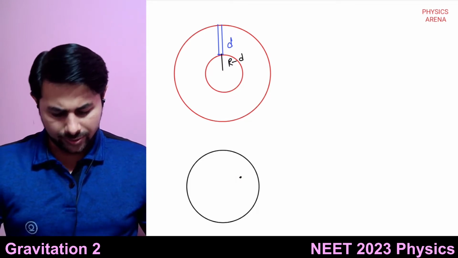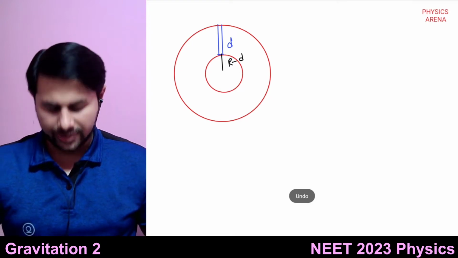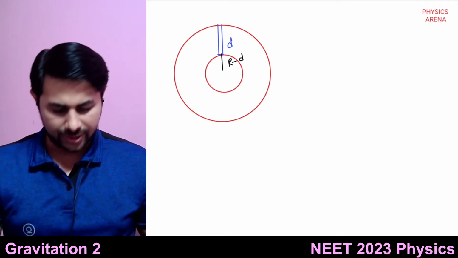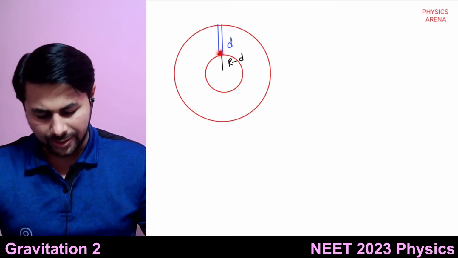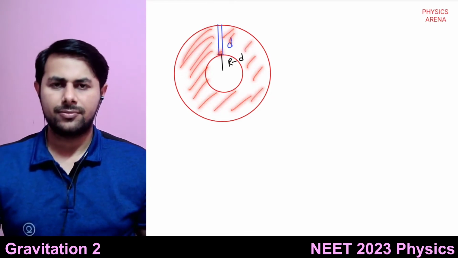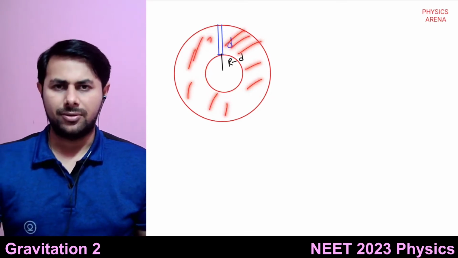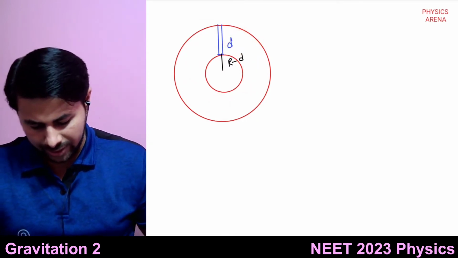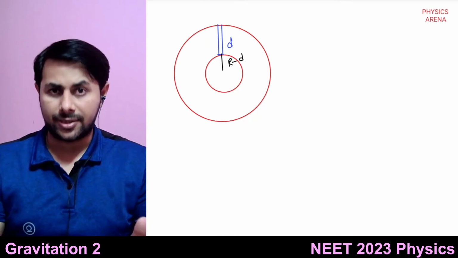So now when you consider a mass which is at depth d below the Earth's surface, the acceleration due to gravity on that mass due to this outer part of the Earth will be equal to zero, because you can think of this part as made up of n number of shells like this, one inside other.